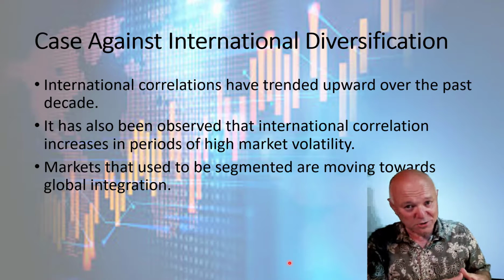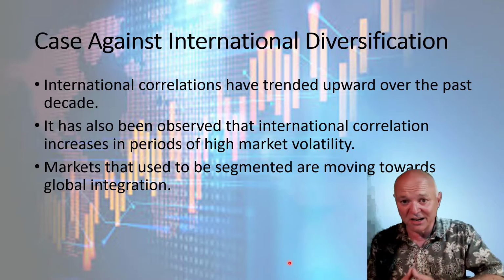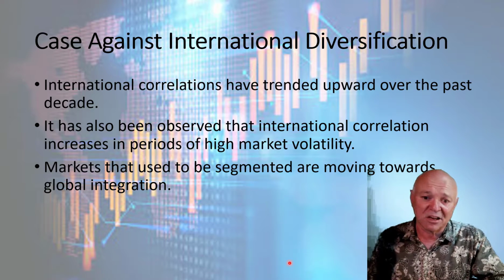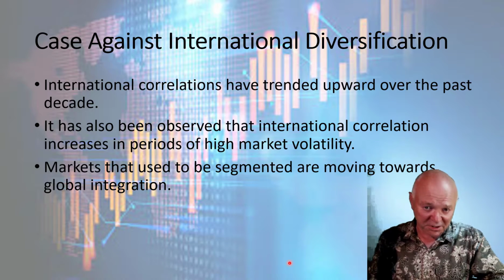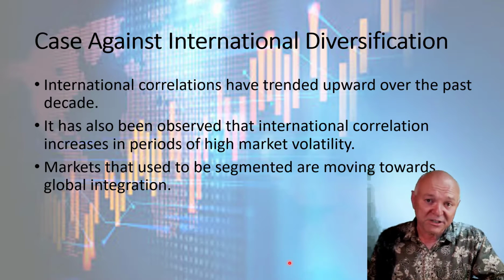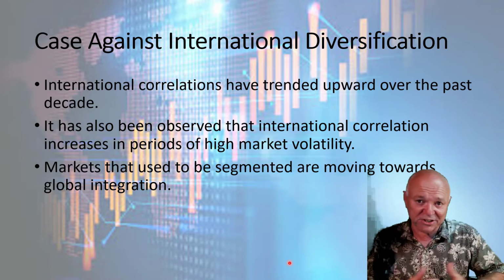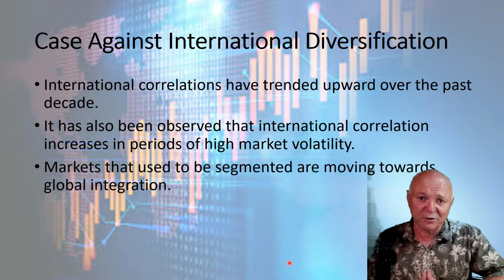So we saw at times like 2001, 2008, 2009, and today that there is a higher correlation of markets. Markets tend to follow each other because they are lacking information. Markets that used to be completely separated or segmented are now becoming part of a more globally integrated world.